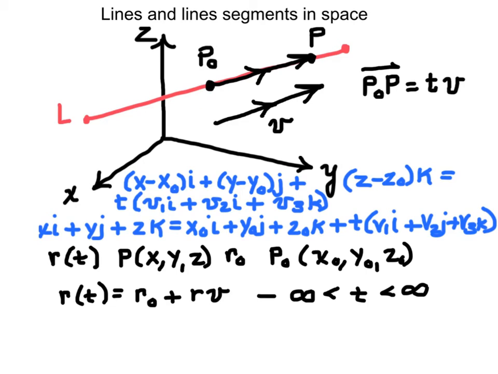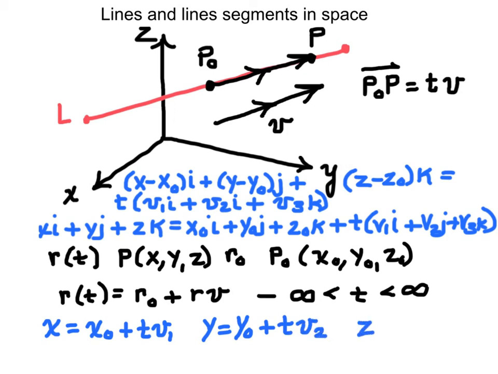Equating the corresponding components of the two sides of the equation gives three scalar equations involving t, and that is x is equal to x sub 0 plus t times v sub 1, y is equal to y sub 0 plus t times v sub 2, and z is equal to z sub 0 plus t times v sub 3.